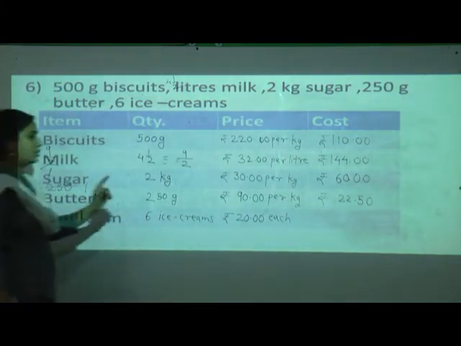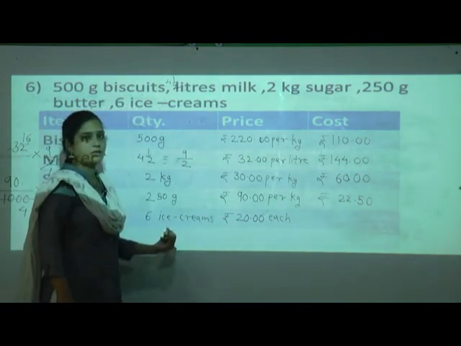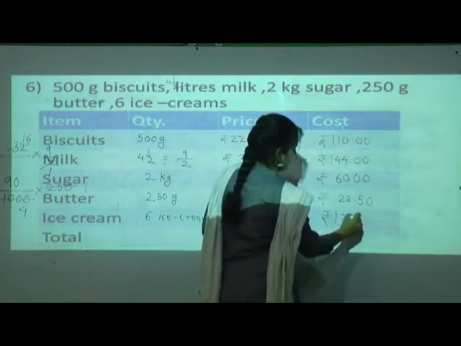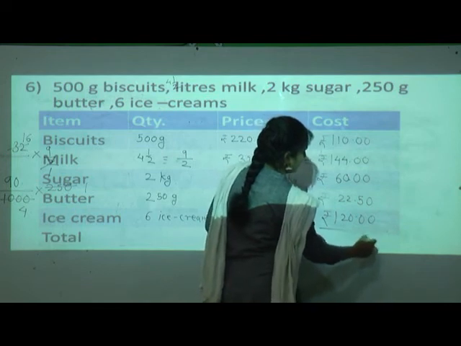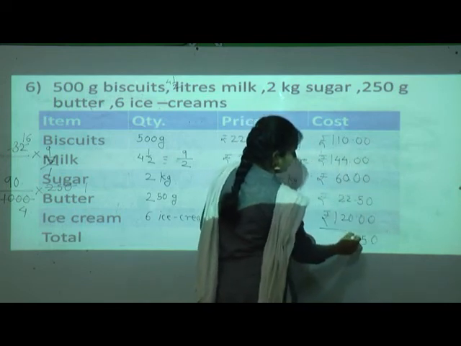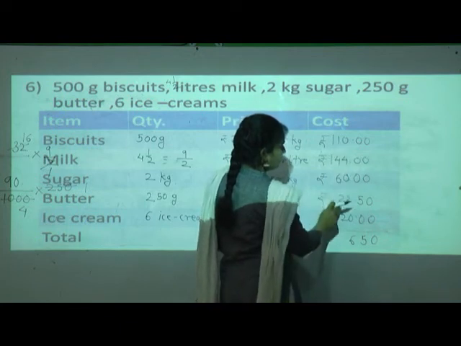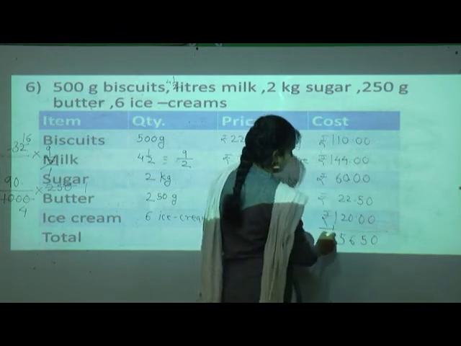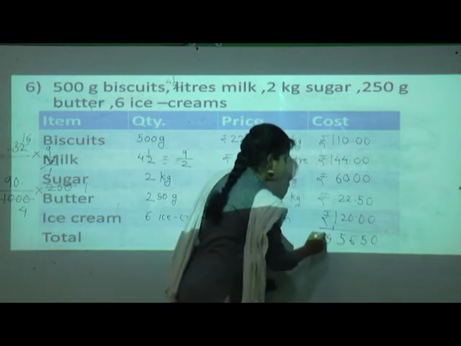So the rate of one ice cream is 20. So multiply 20 and 6, 120. Isn't it? Now just add it. 6 plus 4, 10 plus 1, 11, 12, 13, 14, 15. 1, 2, 3, 4. So the answer is 456 rupees 50 paise.